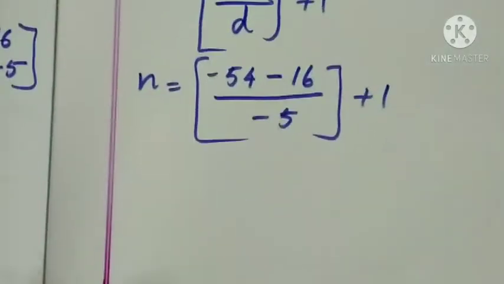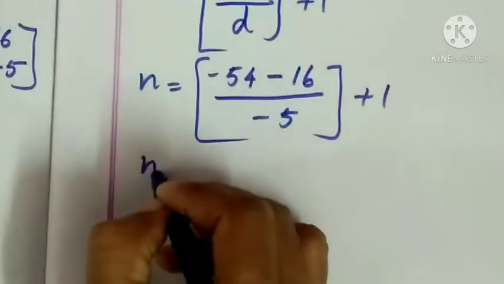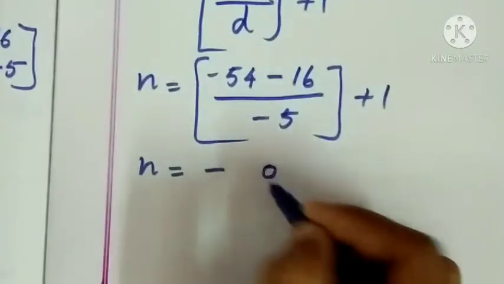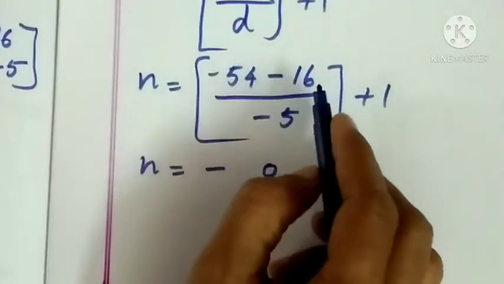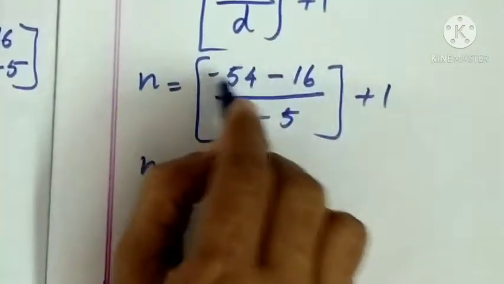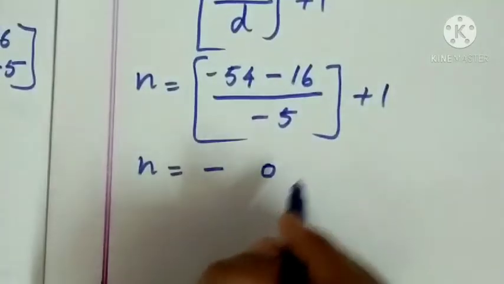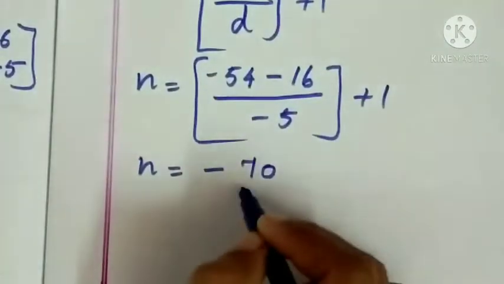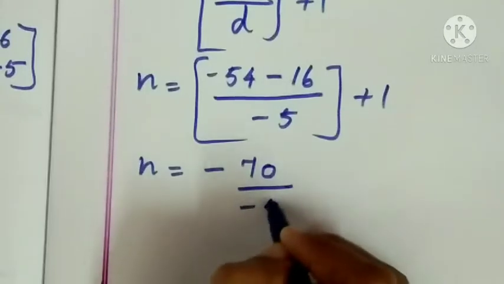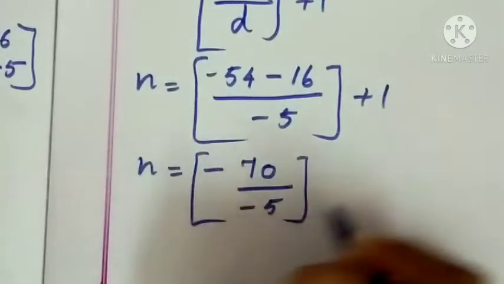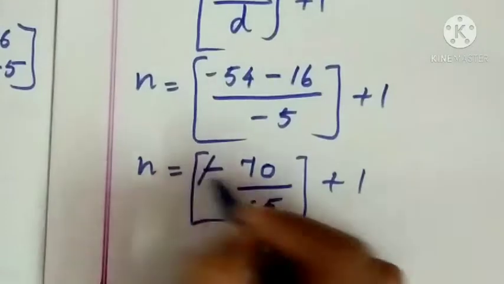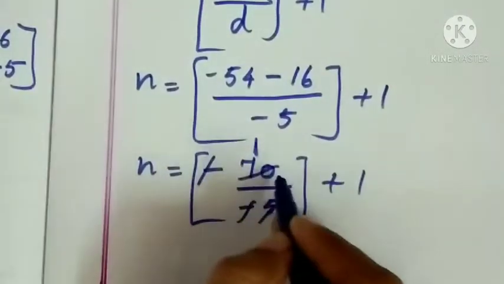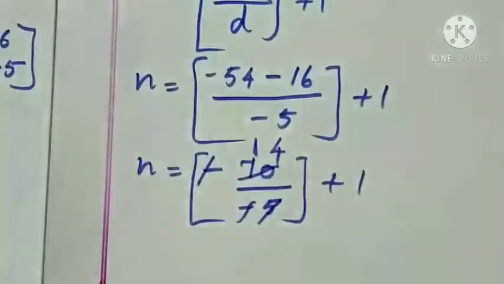First you have to simplify the bracket term, that is n is equal to minus 54 minus 16. Minus 54 minus 16, add, means we get 70 by minus 5 plus 1. Minus minus cancel, then 1 5 is 5, remainder 2, 4 5s are 20.